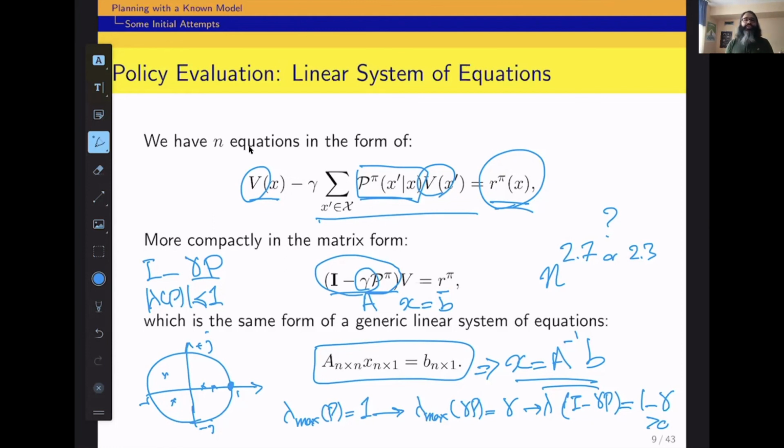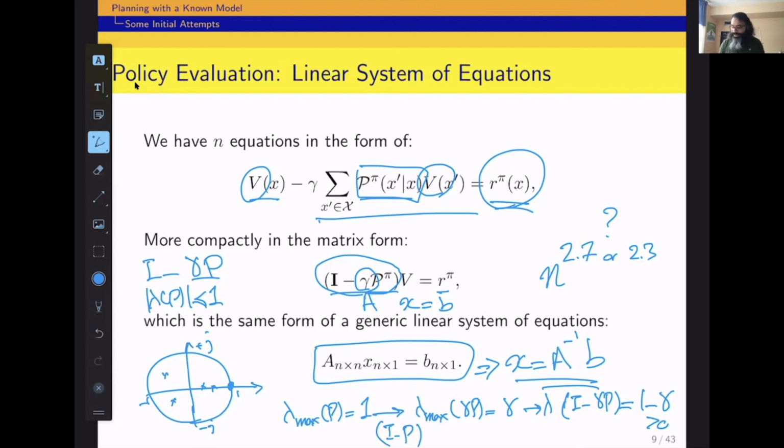We could have an operator that is Lipschitz, but I minus that operator would not be invertible. For example, I minus P without gamma is not invertible, even though P might have some Lipschitzness property.